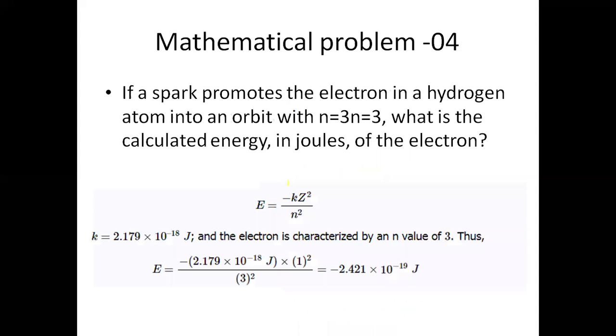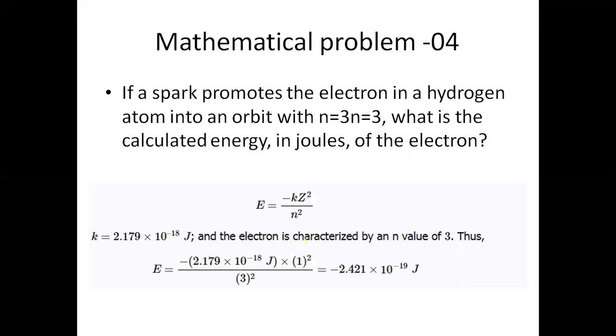Our next problem is: if an electron in a hydrogen atom jumps into an orbit where n is equal to 3, what is the calculated energy in joules of the electron? We know the equation E is equal to minus k z squared divided by n squared, where k is a constant with the value 2.179 into 10 to the power minus 18 joule.